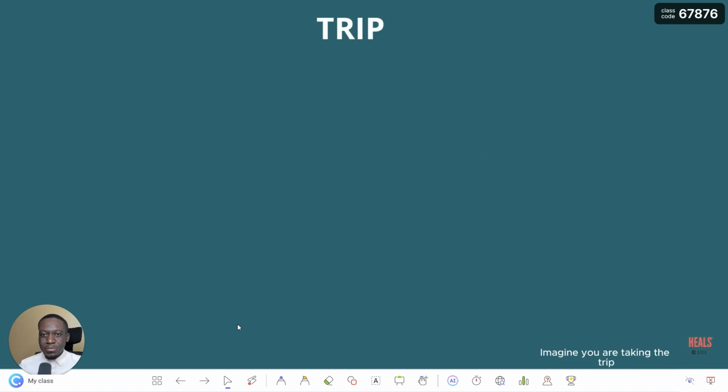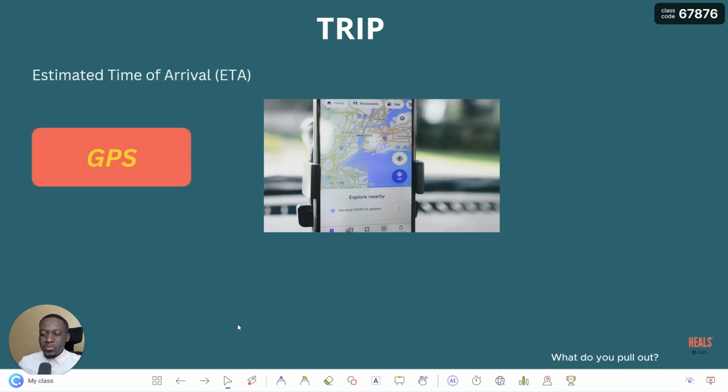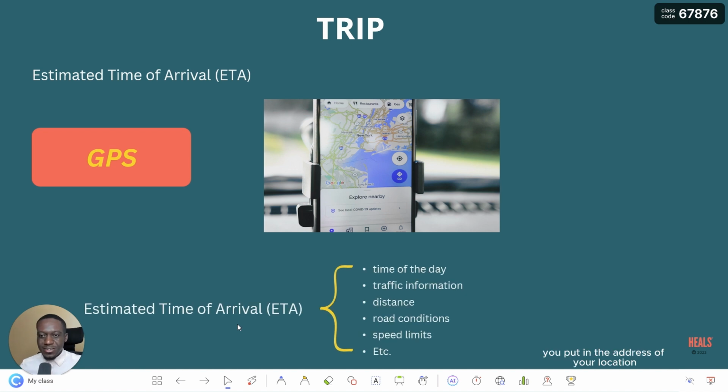Imagine you are taking a trip and you want to plan and know when your estimated time of arrival will be. What do you pull out? You pull out your GPS, you put in the address of your location and the address of the destination, and it tells you the estimated time of arrival.